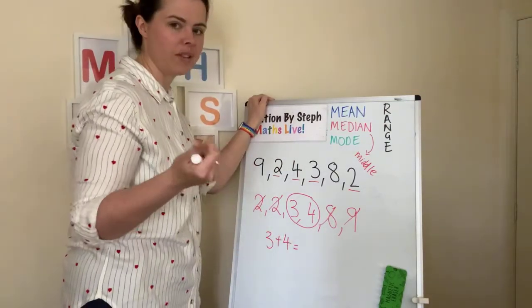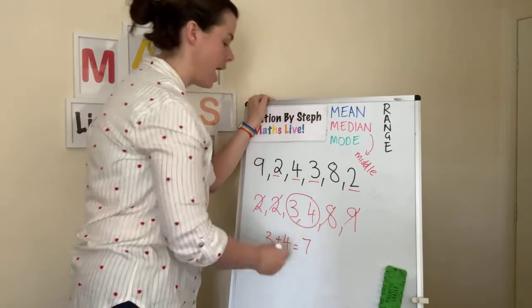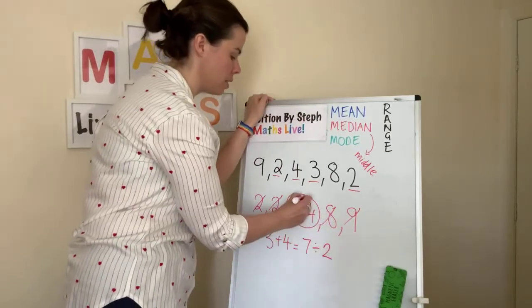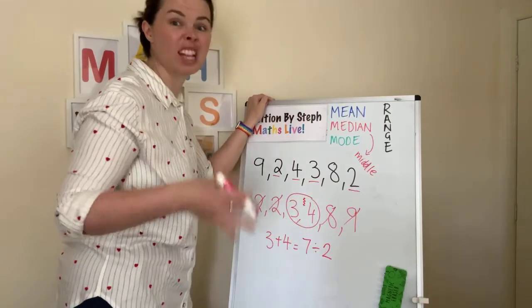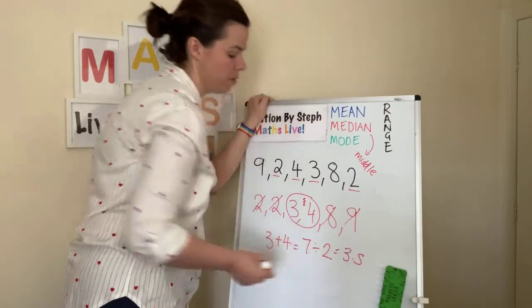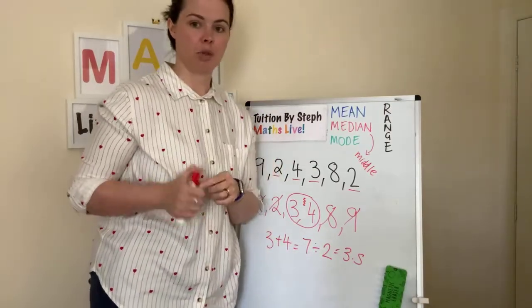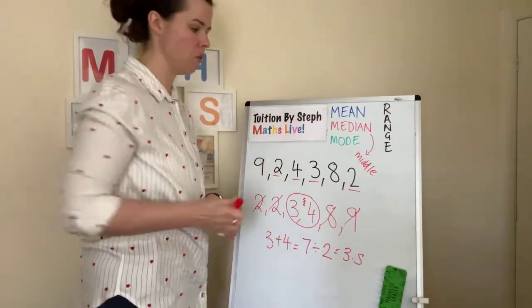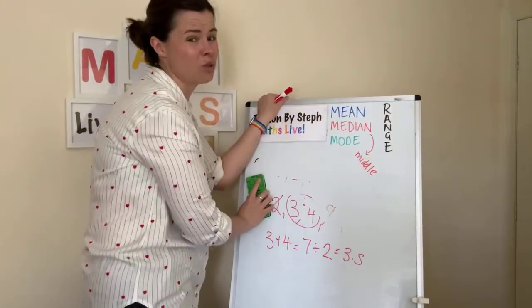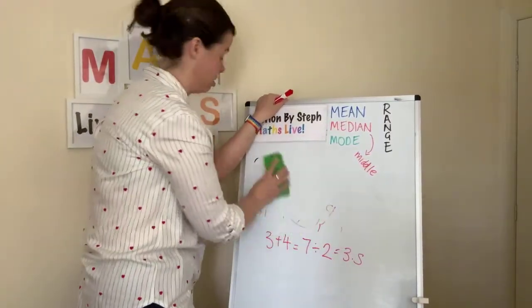So 4, 5, 6, 7. And then you divide it by 2. So you're finding that number in between 3 and 4, which would be 3.5. But don't worry, I'm not going to give you those today, because that's creeping more into Key Stage 3.